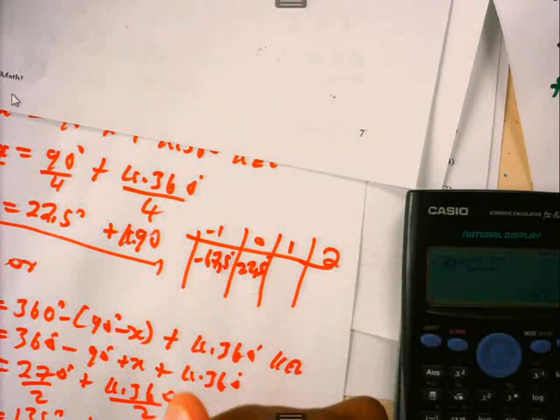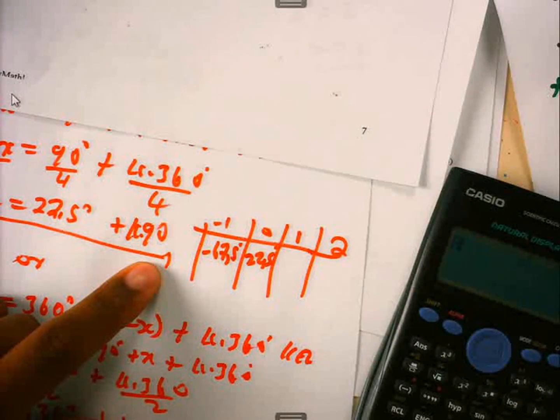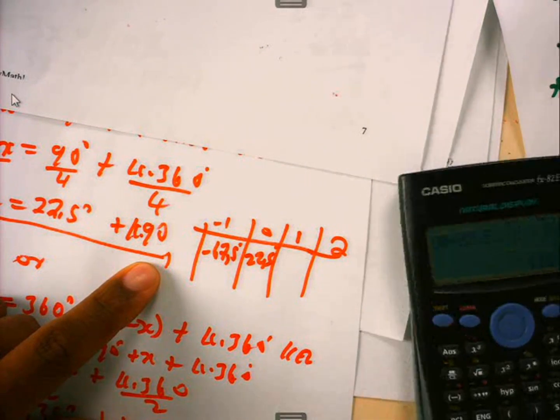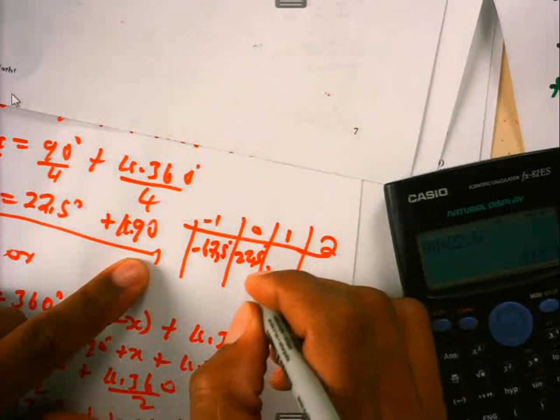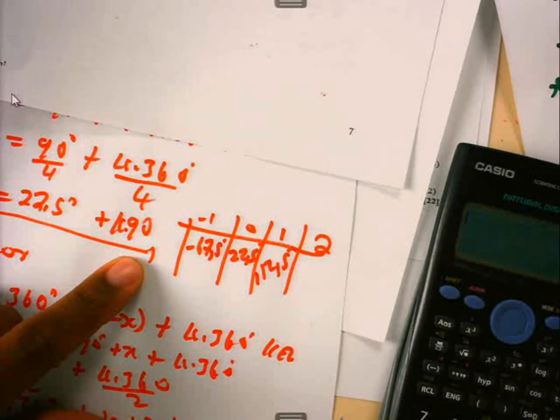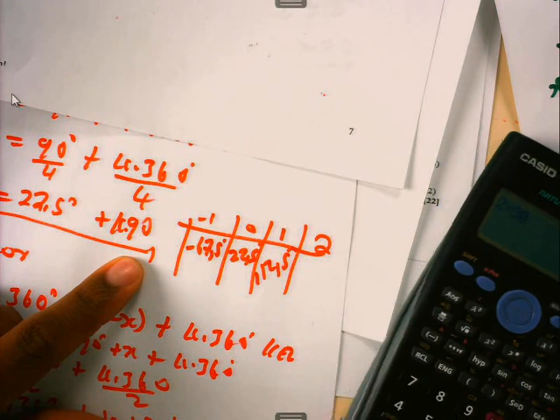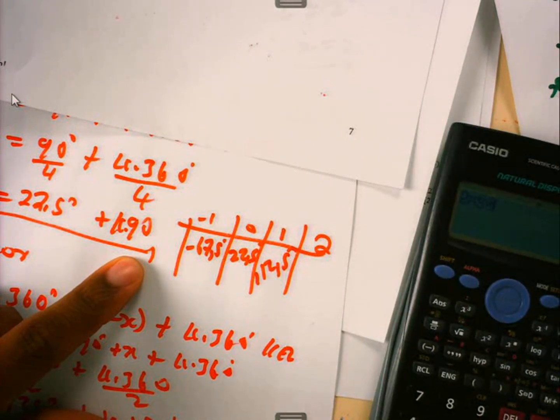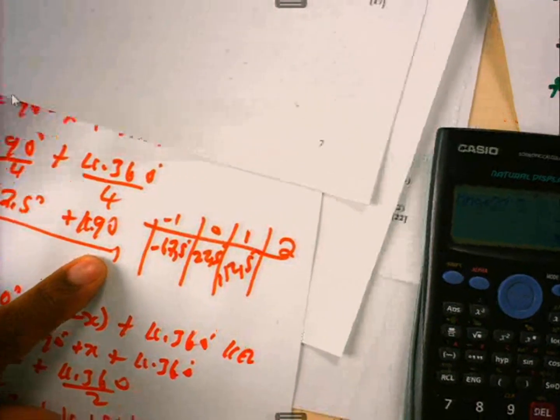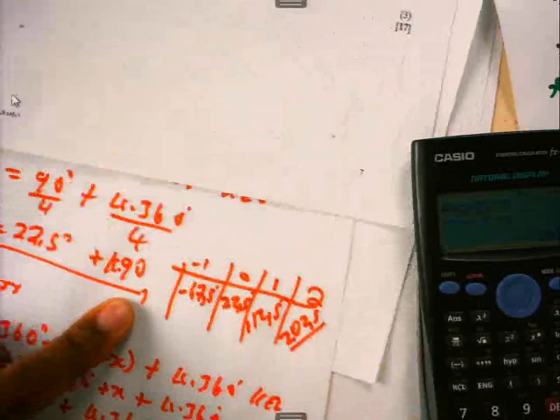If k is 1 times 90, that will be 90 plus 22,5. Then we have 112,5. And of course, if k is 2, then that is 2 multiplied by 90. That is 180. 180 plus 22,5. Of course, we can see now this one is outside the interval, right?